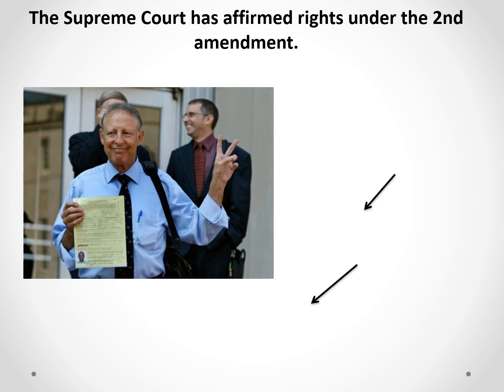So what did Dick Heller do? He went to the National Rifle Association, and he said, hey, this seems like something that's right up your alley. Can you use me as a test case? He says, I'm pretty sympathetic. I'm a police officer. I know how to carry a gun responsibly. I just want to be able to protect my home and my family when I'm at home.